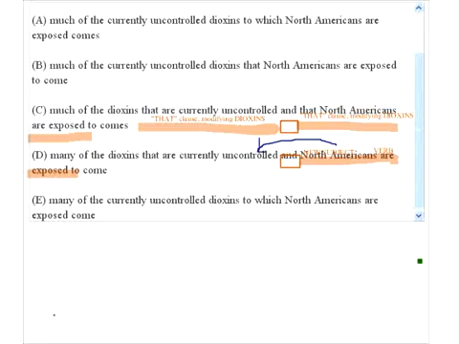Over on the left, can't find anything parallel to this construction over here. So that's incorrect because it lacks parallel structure. All right. Smiley face if that makes sense so far.